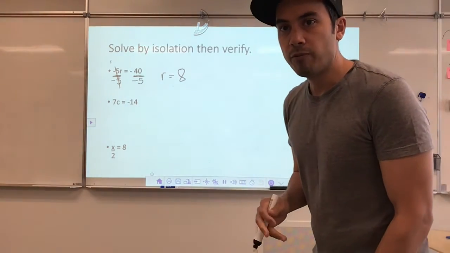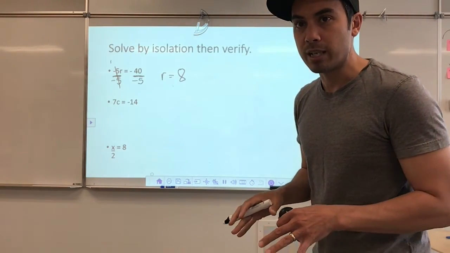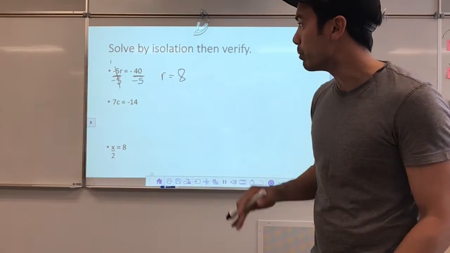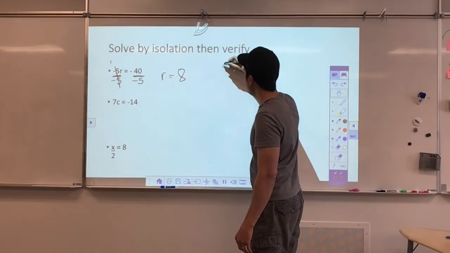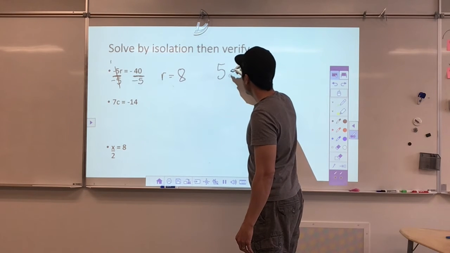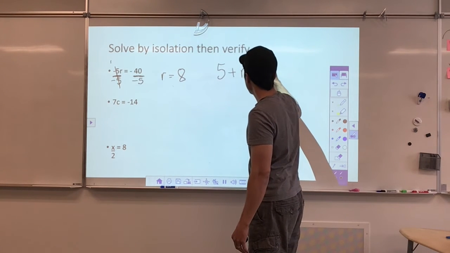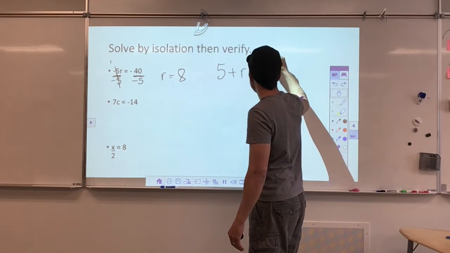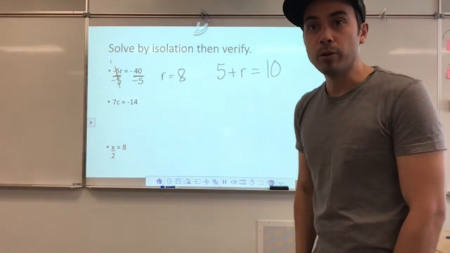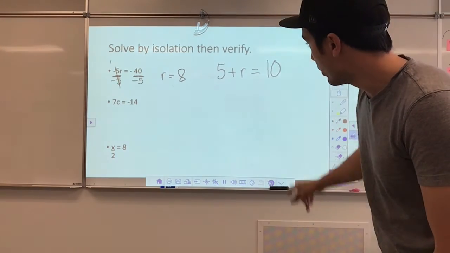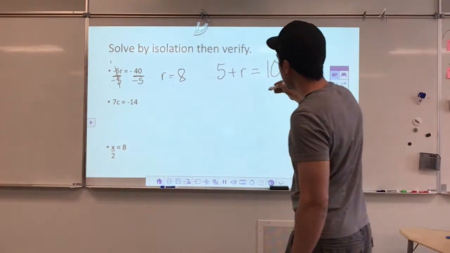You've done this before in grade 7 and maybe even grade 6, but maybe more with addition and subtraction. Essentially, we're doing the same thing. Let's say I had 5 plus r equals 10. I can also think about using opposite operations in this case.